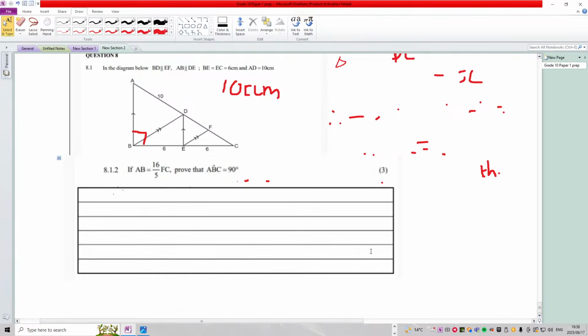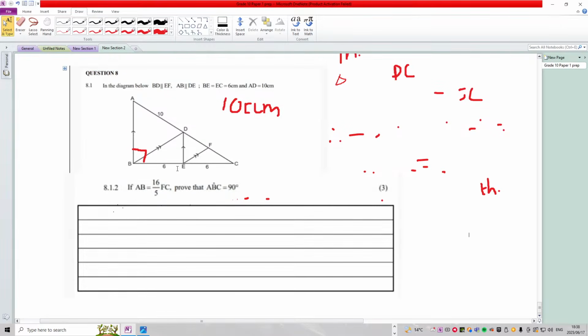If I do my theorem of Pythagoras in a triangle and it works out to be correct, then I can say that the angle is 90 degrees. So let's have a look at all the sides of the triangle.